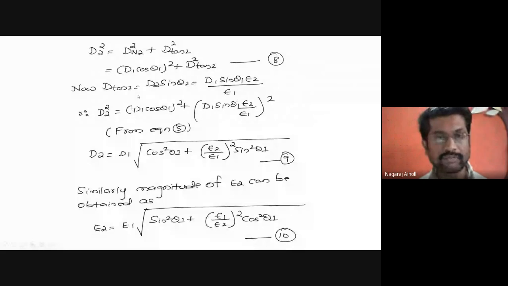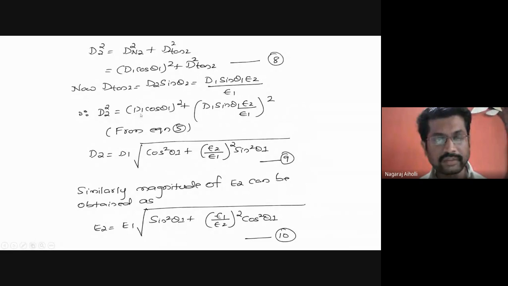Therefore, D2 square will be D1 cos theta 1 square plus D tan 2 square, that is D1 sin theta 1 epsilon 2 by epsilon 1 square. If I simplify this equation, D1 square is common.